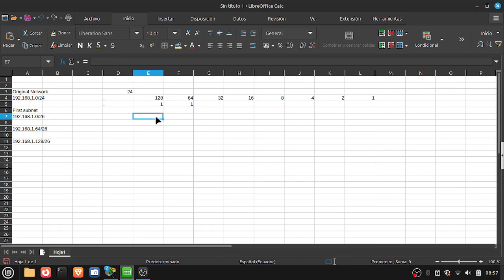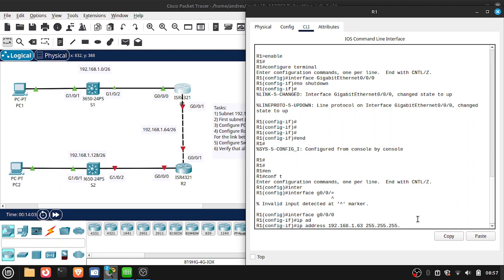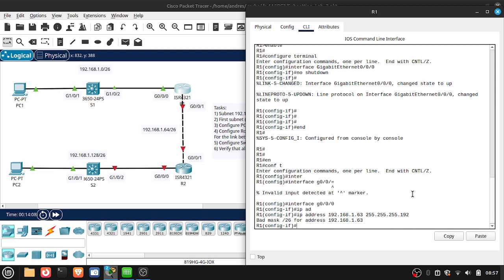So we have to add those. 128 plus 64 is equal to 192, and that is our netmask. So we only go here and put the netmask, and look at the message, bad mask, because we are using the broadcast. We can't use that. So the real last usable address is 62, and now everything should be fine.